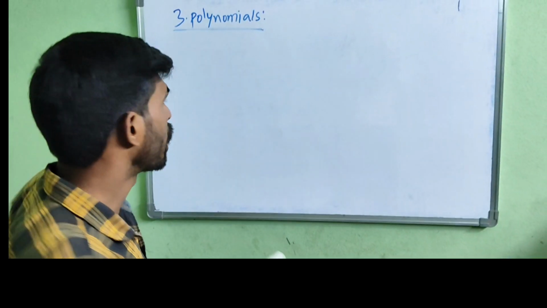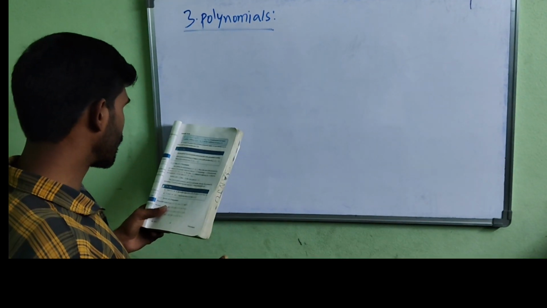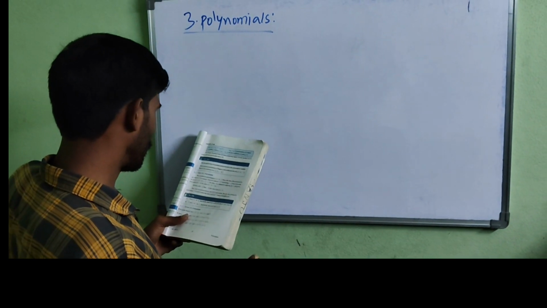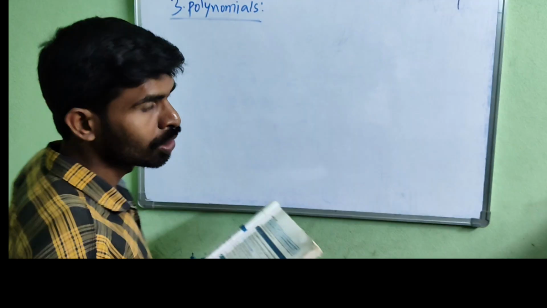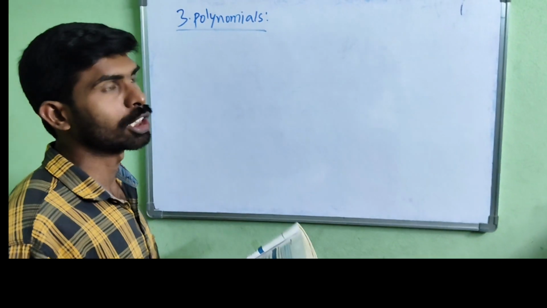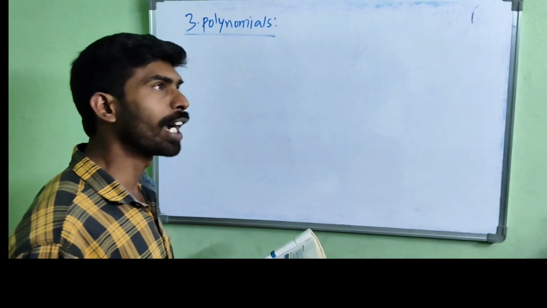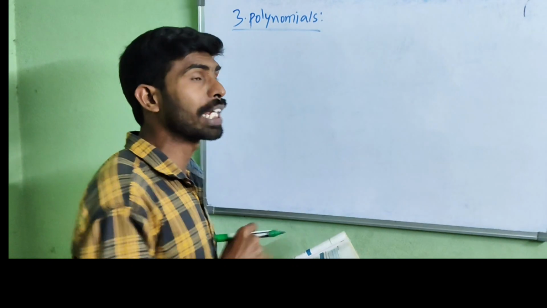Now, sometimes the examiner asks to find the zeros of the polynomials, and also asks to find the value of the expression if we substitute x equal to 1 or 2 like that. Now listen.